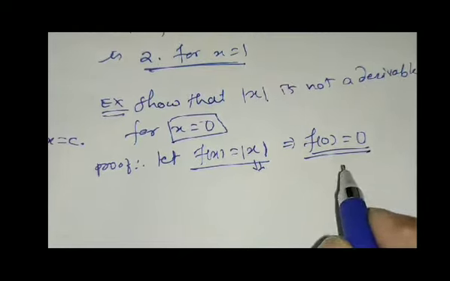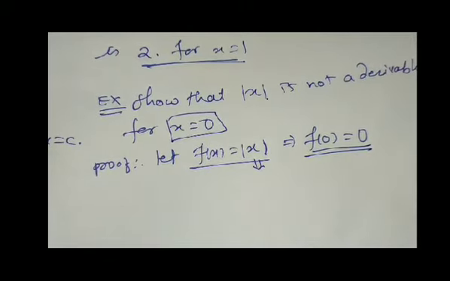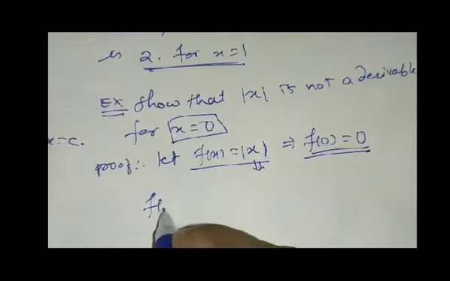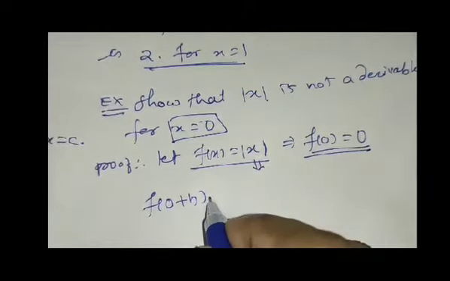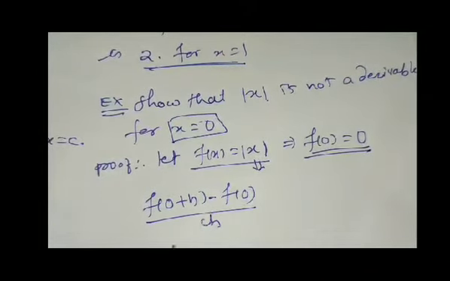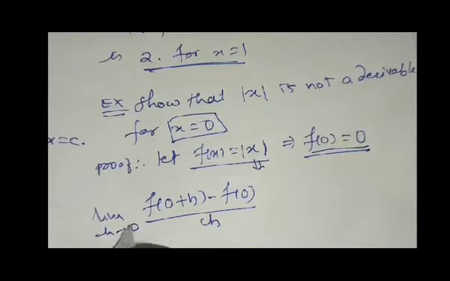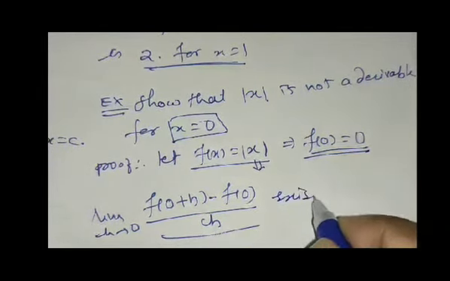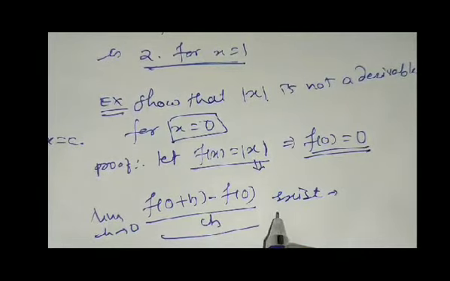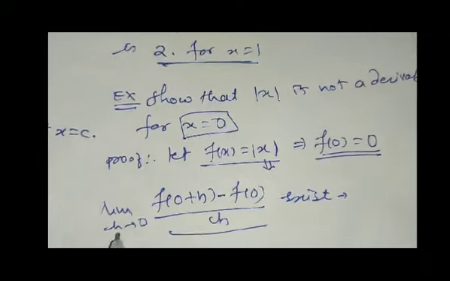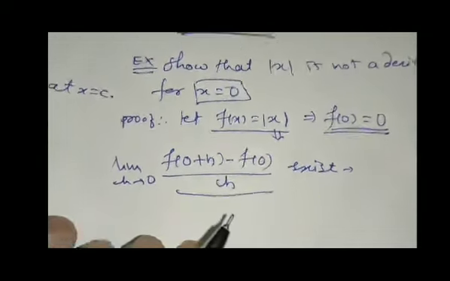Now, we know that if the function is derivable, then this limit exists. Which limit? The limit as h tends to 0 of f of 0 plus h minus f of 0 divided by h. If this limit exists, then the function is derivable, and if the limit does not exist as h tends to 0, then the function is not derivable.